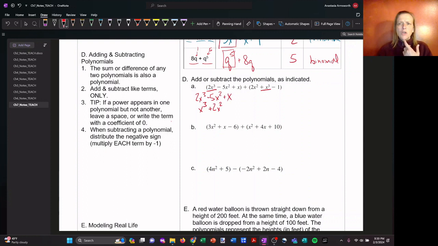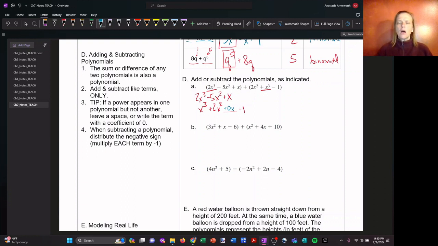And notice there's no x term in this second polynomial. I'm going to leave a gap here as though there were an x term. Basically, I'm imagining that there's 0x written here. You don't have to write that down, but we're leaving a space so that the like terms line up with each other. And then I have a minus 1 here.